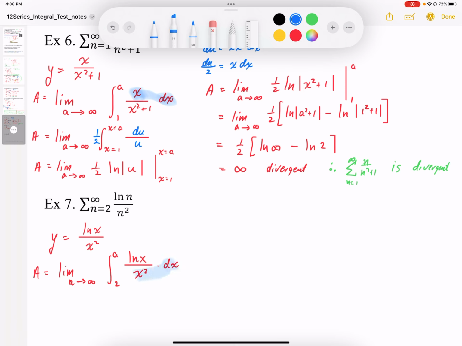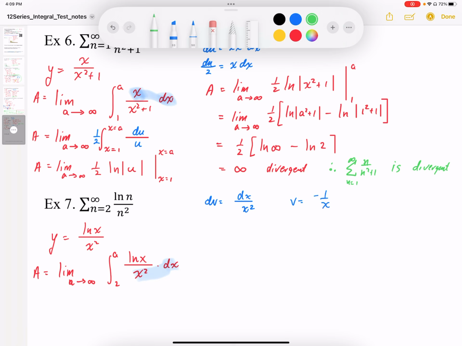So in this case here, it looks like 1 over x squared is going to be our dv. So we're going to let our dv equal dx over x squared. Okay, that makes our v term negative 1 over x.